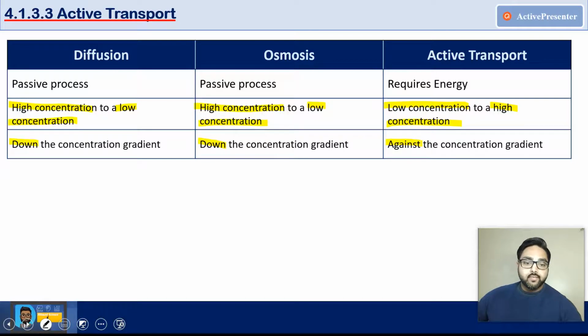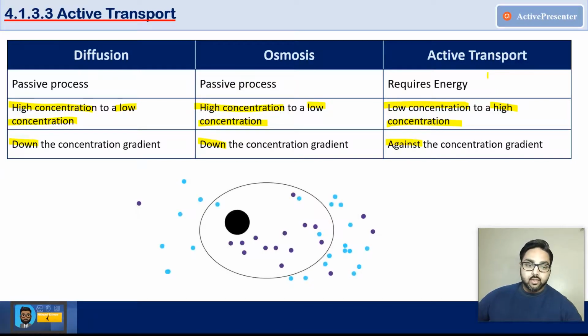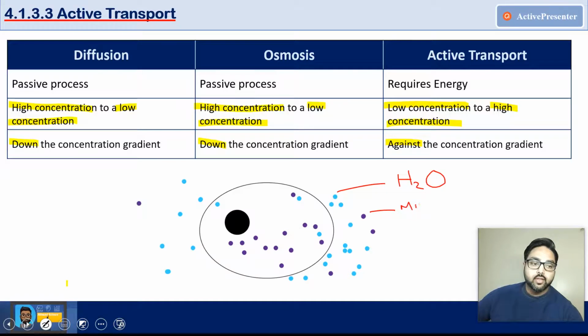If I look at this cell here, we're going to pretend that the blue molecules are water molecules, and that the purple molecules are some sort of mineral ion. And this cell, even though it doesn't look like one, we are going to pretend is a root hair cell, a very badly drawn root hair cell. So what's going to happen?